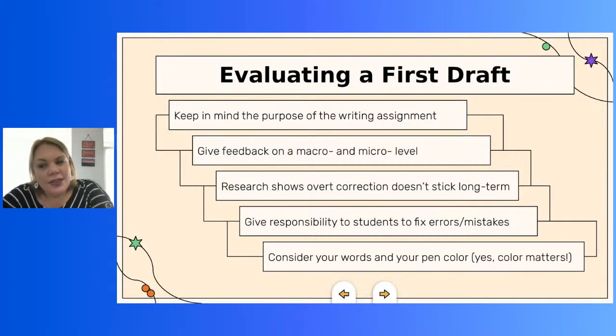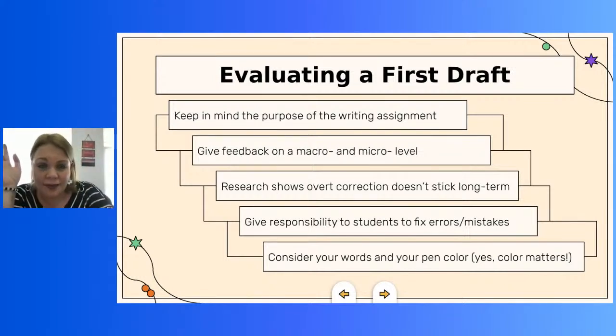No matter what your technique, I have sad news. Scientific research shows that in general, overt correction does not stick long term. In other words, all of the time and effort and energy we put into correcting those drafts to make our students see where they're wrong in the language doesn't actually have an effect in their long-term production of English.